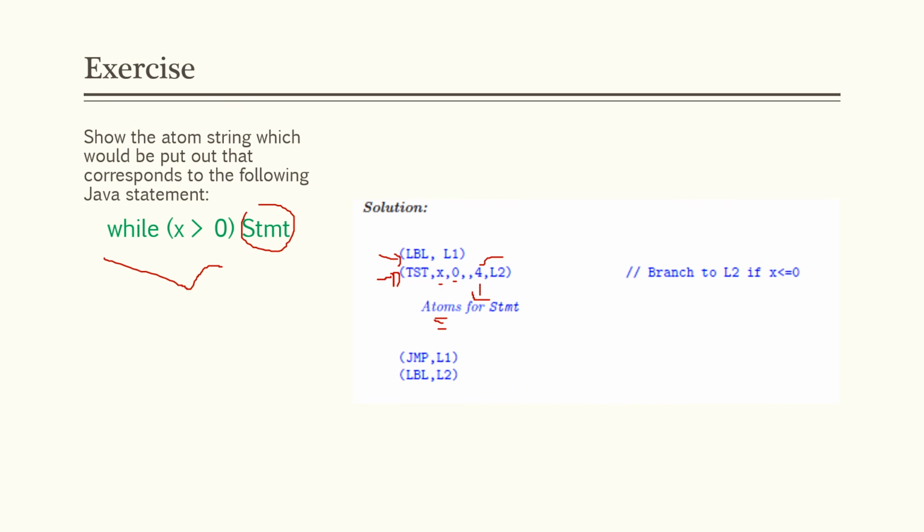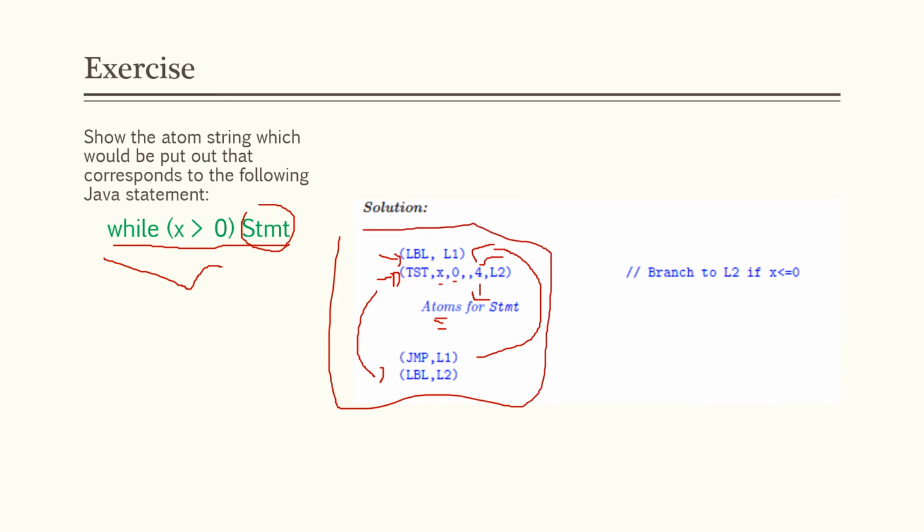If it's done, you jump back to L1. This is when it is true. When it is false, it goes to L2. This is how you put out the atoms for this Java statement. Given the Java statement, these will be the atoms.